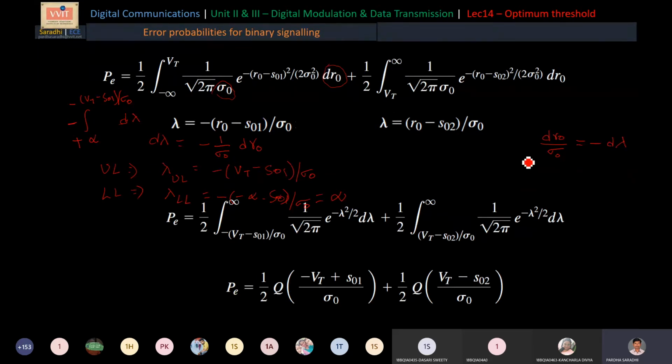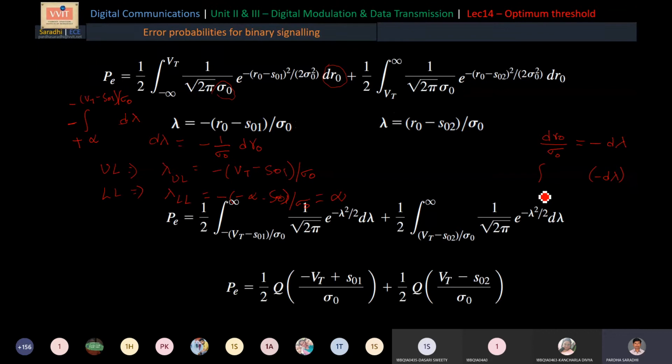Is this understood? Here we are having d lambda in place of dr naught by sigma naught, so it is minus d lambda.